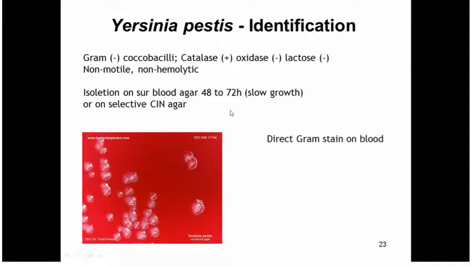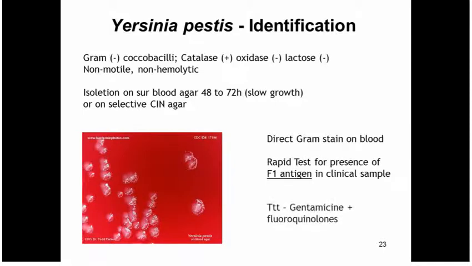So rapid diagnostics can be done either by performing a gram stain on a blood sample, or there are tests for the presence of the F1 antigen, which we'll see in the next slide, because this is only present in Yersinia pestis infection, and is produced in large quantities. So if you get positive diagnosis with the rapid test, start the antibiotics.